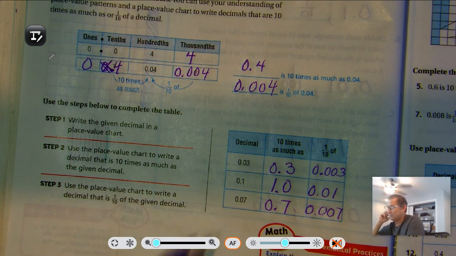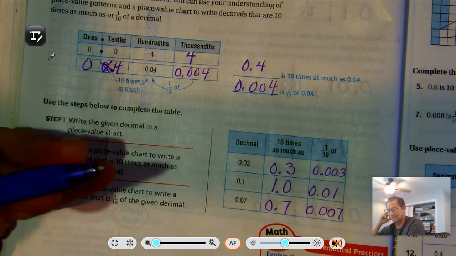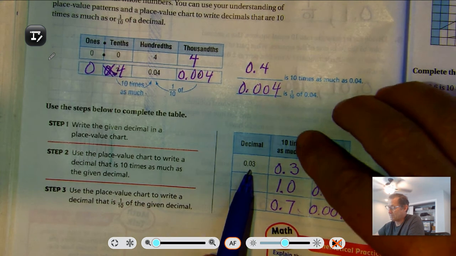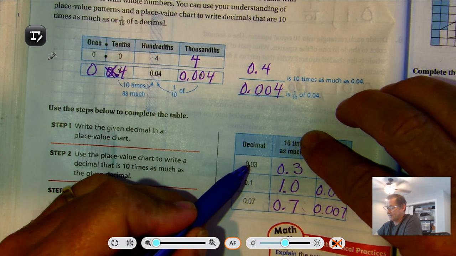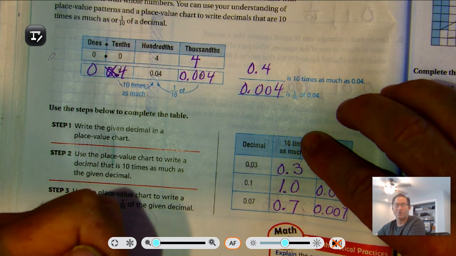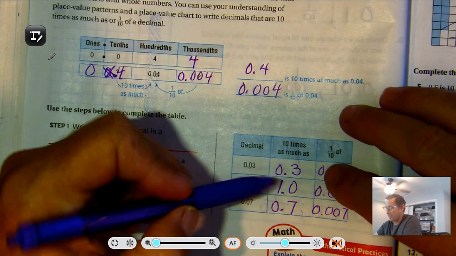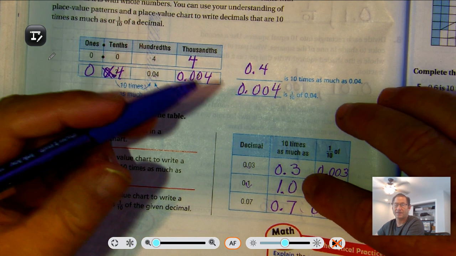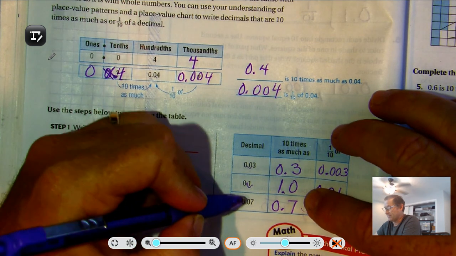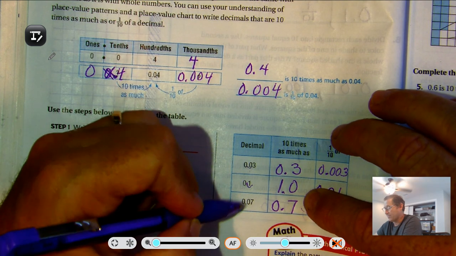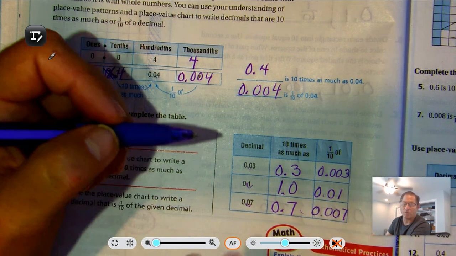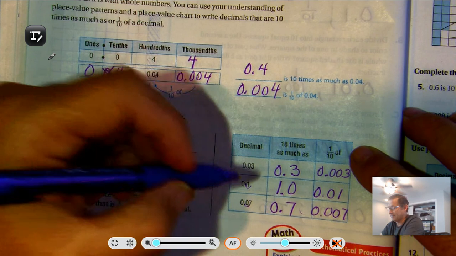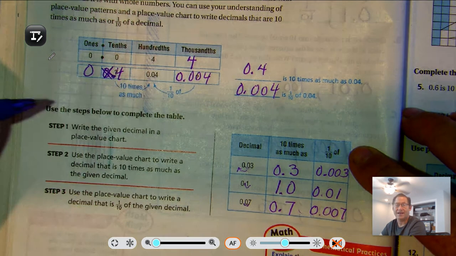Right? So let's see. Do we notice any patterns in these? If we started at 3/100 and took 10 times as much, you notice that the decimal point moved one place to the right. Again, when we said 10 times as much, the decimal moved one place to the right. When you took 1/10 as much, the decimal went one place to the left.